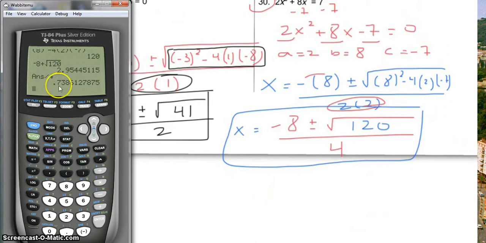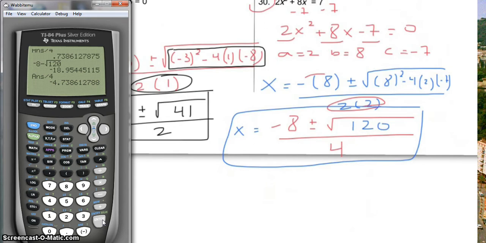So this is one of the answers, and then the other answer you put negative 8 minus square root of 120, you press enter, and then you divide it by 4. And this is going to be your second answer. What you can do is you can look at the answer choices and also do them on the calculator, find them in decimal form, and compare them and see which one is the right answer.